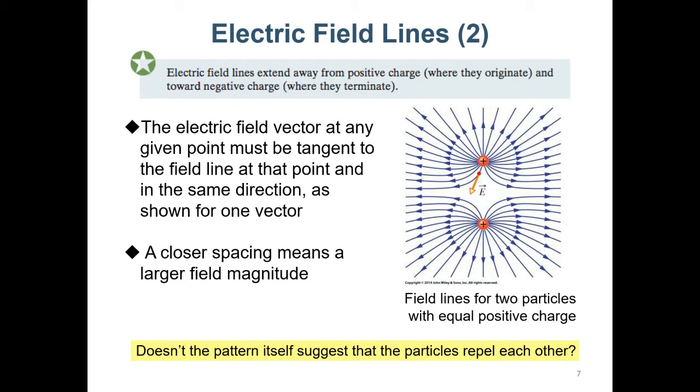Suppose we consider the point in the middle. The E field generated by this charge will be pointing downward. So we draw it here, and we change the color to blue. The E field generated by the bottom charge will be pointing upward, and at the middle point they should have the same magnitude but in opposite direction.